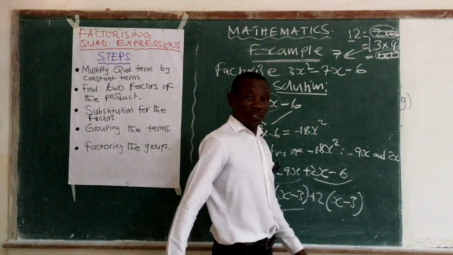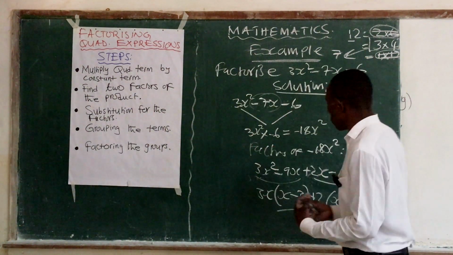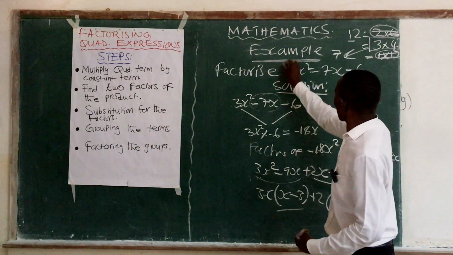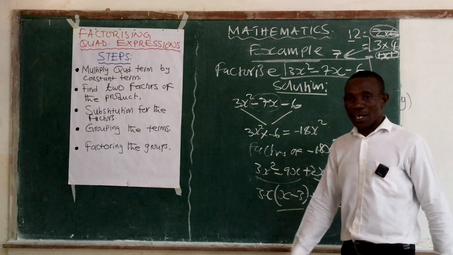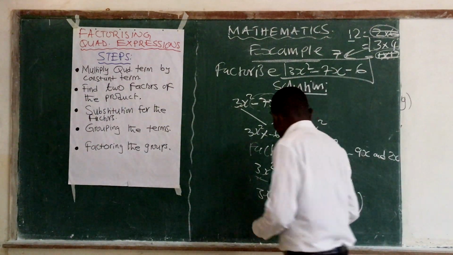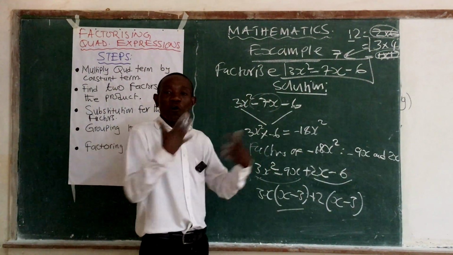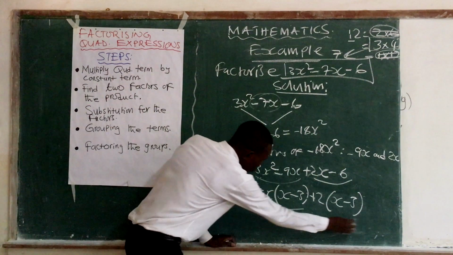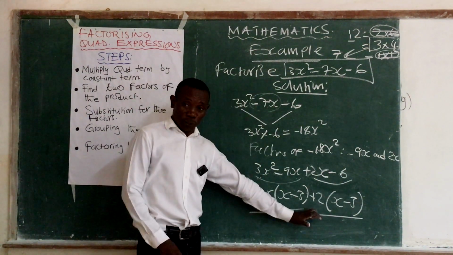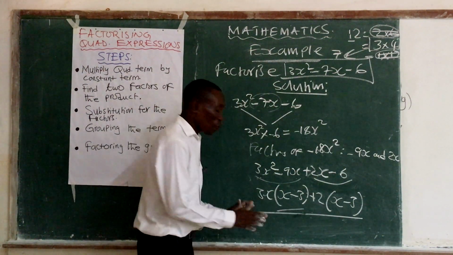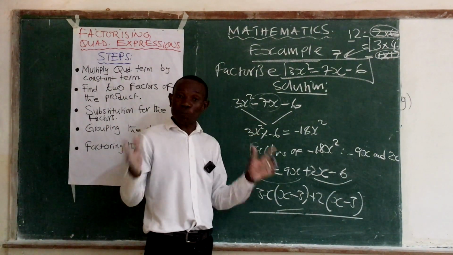Having done this, the last thing you do to obtain the factors of this expression is identifying another common factor from this expression. Here we've got two terms again, but as expressions.